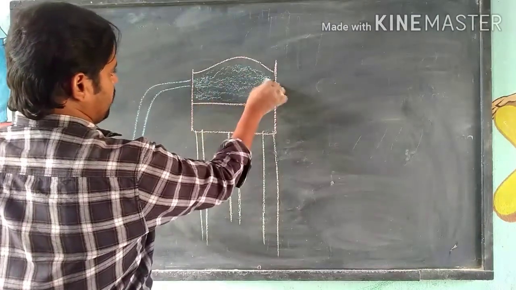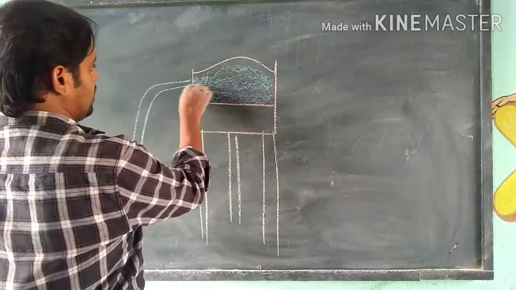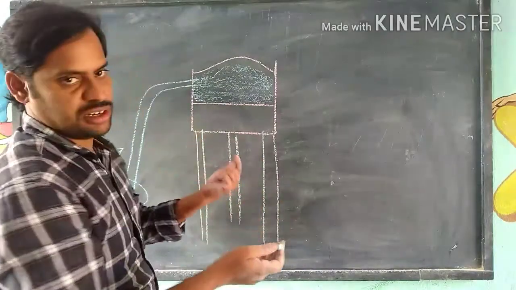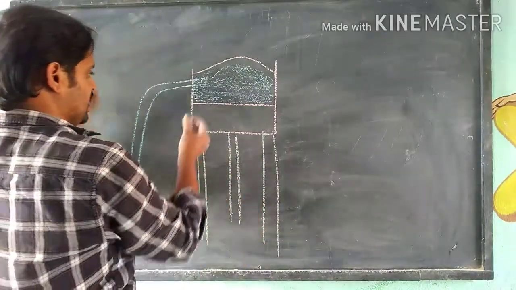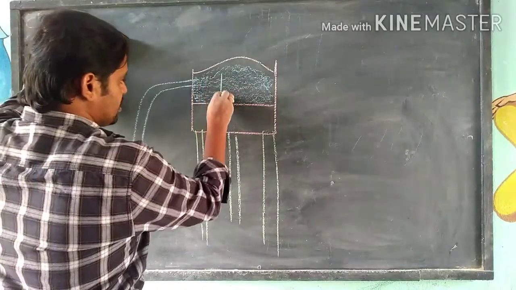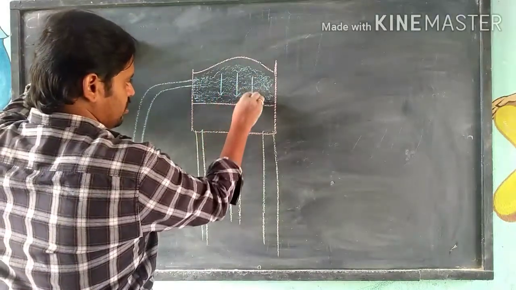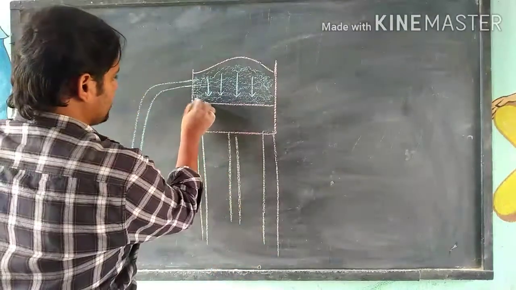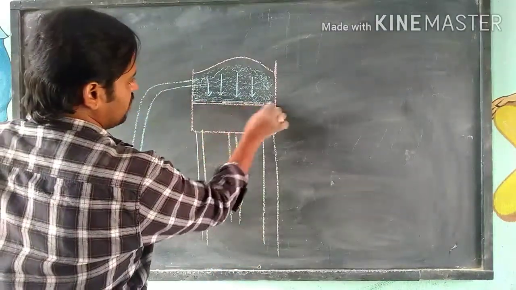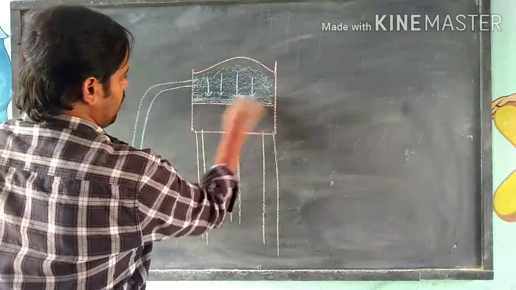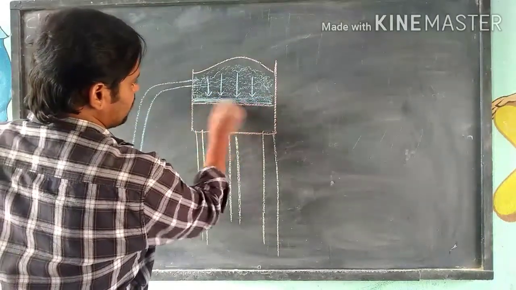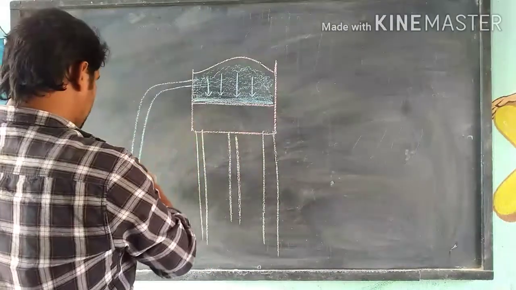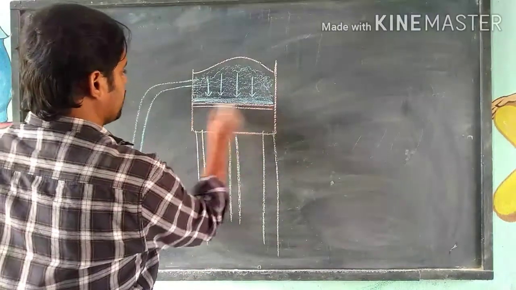Whatever water is filled here contains soluble, insoluble and biological impurities. Insoluble impurities slowly come down by sedimentation, at the bottom. Now here we arrange a filter.